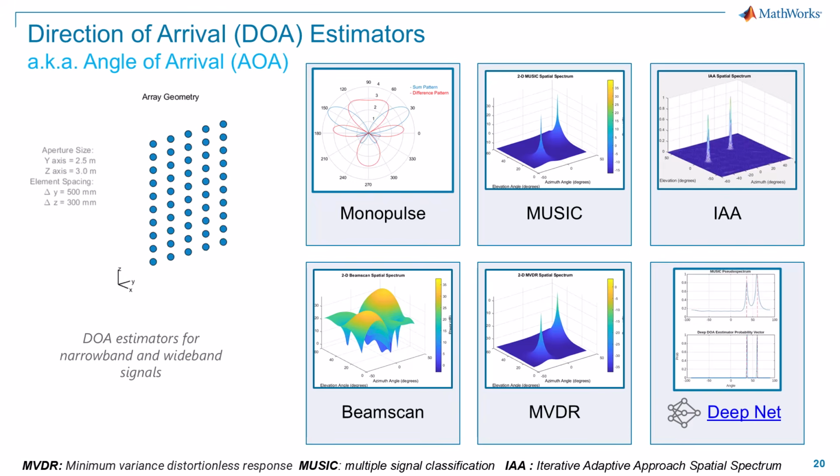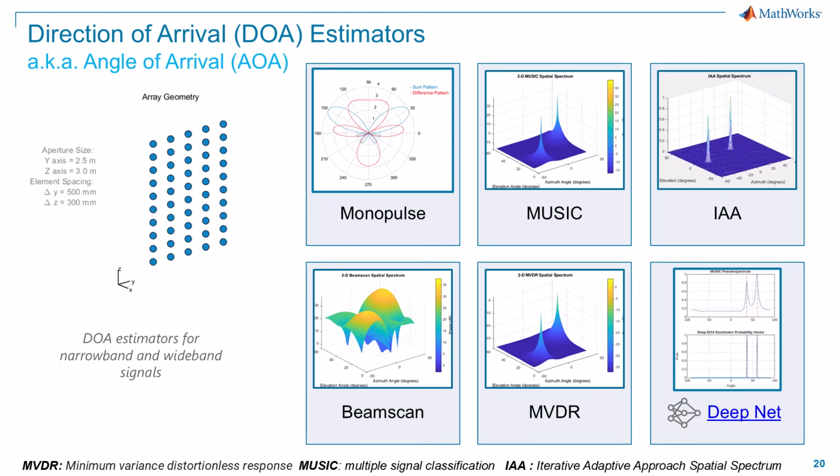MUSIC, multiple signal classification, subspace-based, super resolution even at low SNR, but requires knowing the number of sources. IAA, iterative adaptive approach, is wideband compatible, no eigen decomposition. Beam scan, conventional beamforming swept over angle. It's robust, but resolution limited by the aperture.